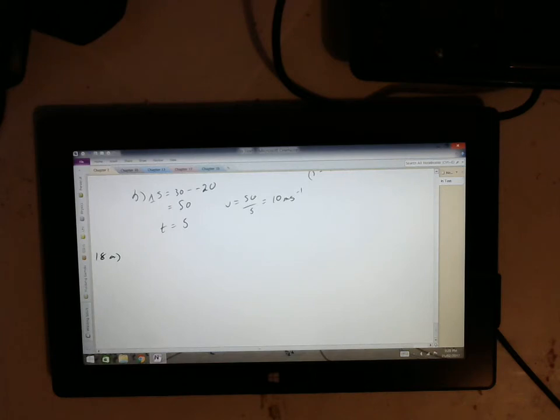Now, when we're looking at a velocity time graph, the displacement is going to be the area under the curve. By what I mean, the area under the curve is the area between the line there that we have marked on it to show the velocity over time and the x-axis, and you can have negative area.